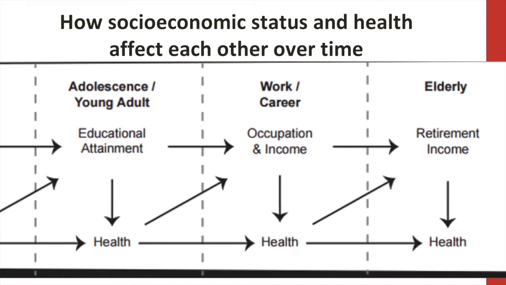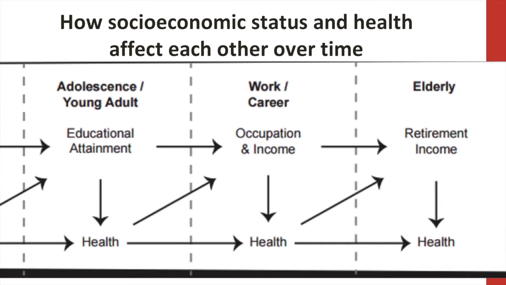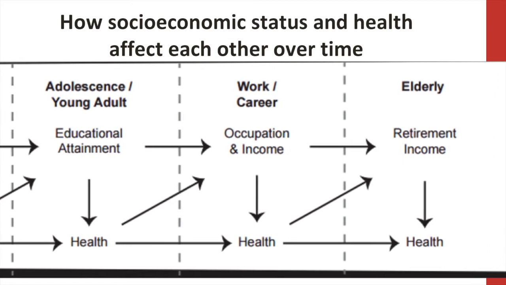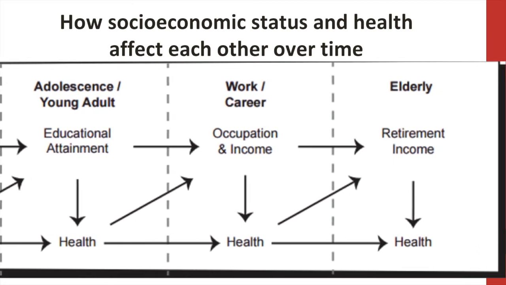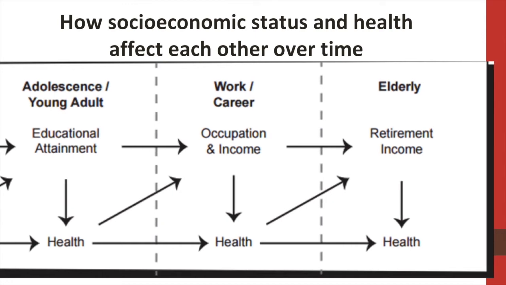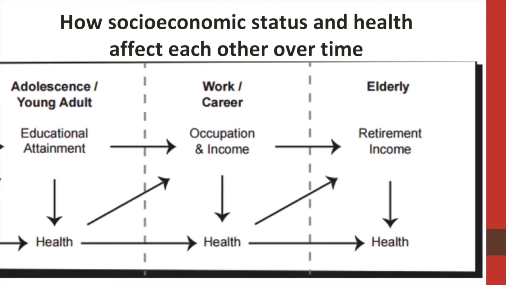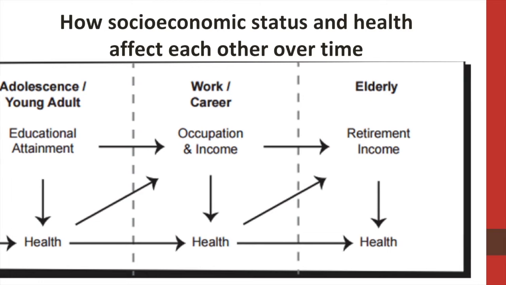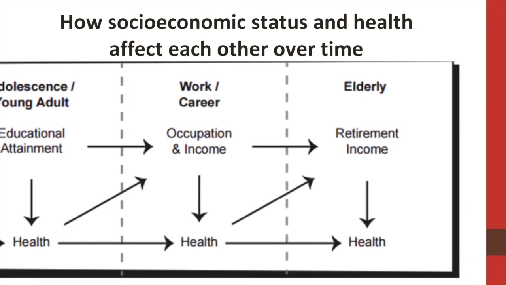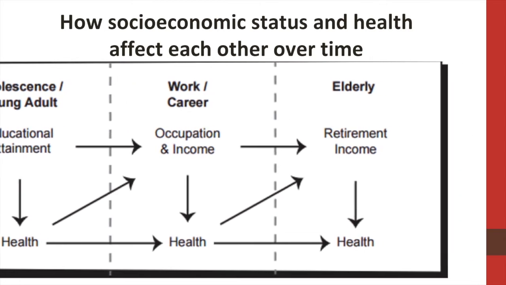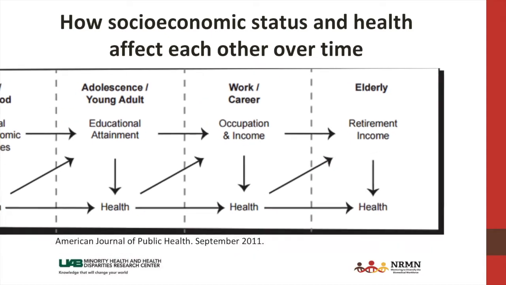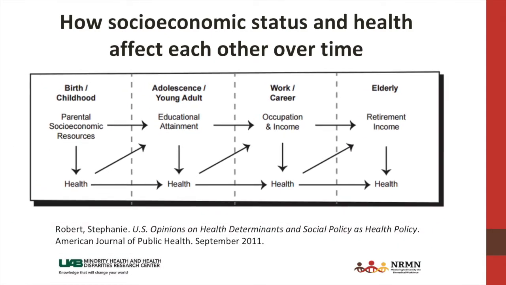If they get a job with low income, this will impact their health insurance, and a hazardous environment in their job can impact their health. A low-income job will have a low-income retirement. So as they grow older, they're going to have limited resources that will limit their access to quality health.